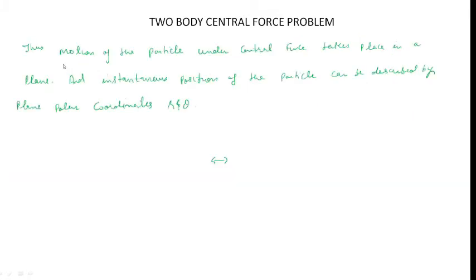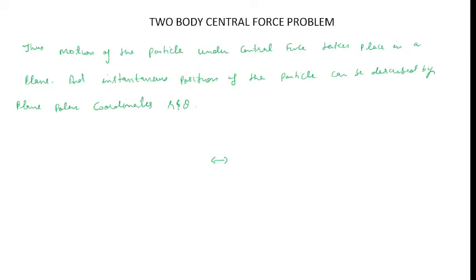Thus the motion of the particle under central force will be in a plane, and the instantaneous position of the particle can be described by the plane polar coordinates r and theta.